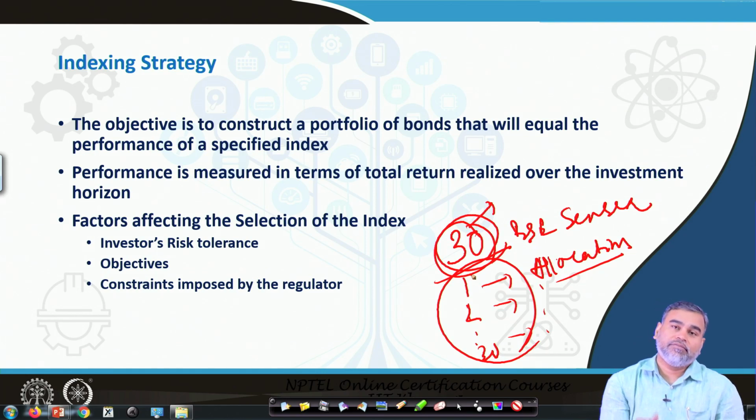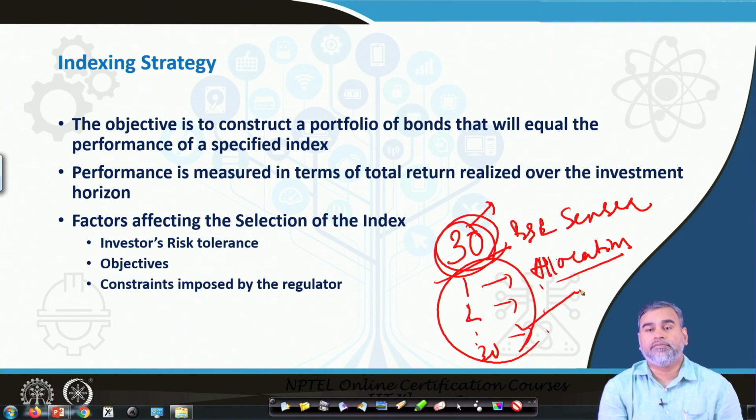After considering all those things, once you have decided which index should be your benchmark index, or which index you are going to replicate, the next step is to follow this process, and the objective is always to minimize the difference of the returns between these two.